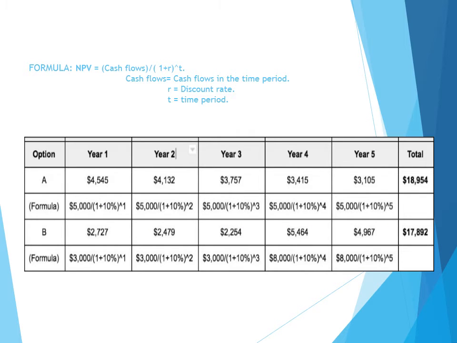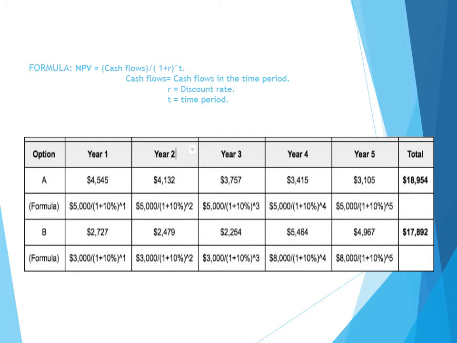So here is the formula of the net present value, which is the cash flow divided by 1 plus the discount rate to the power of the period of time. There are option A and option B here in the table, from the first year until the fifth year.